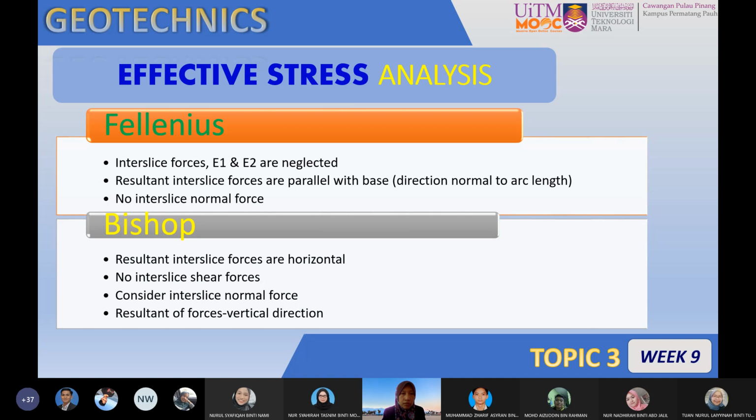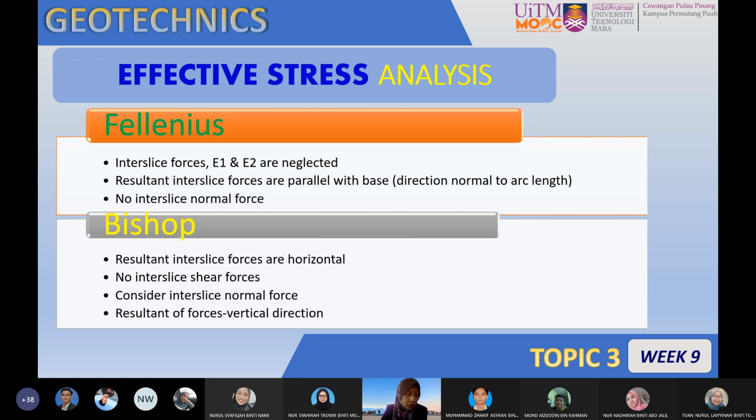In effective stress analysis, there are two theories involved behind the calculations. The first is Fellenius, and the next one is Bishop. So what are the differences between these two theories? For Fellenius, we assume that the interslice forces E1 and E2 are neglected, and the resultant interslice forces are parallel with the base direction to the arc length, and there is no interslice normal force.